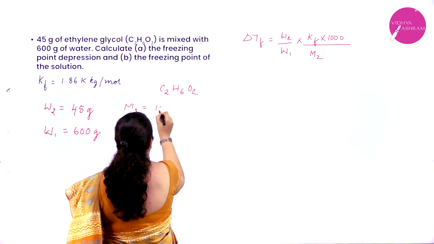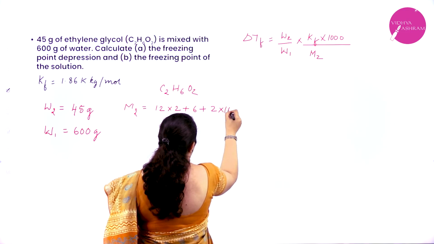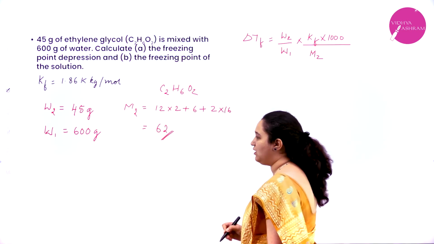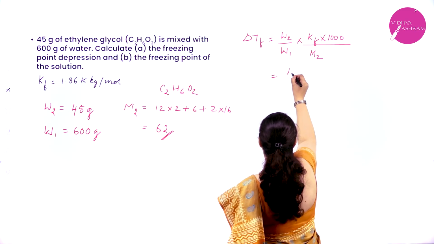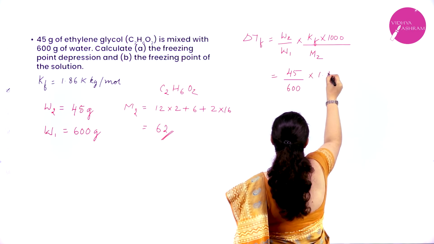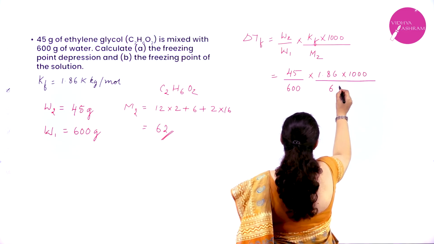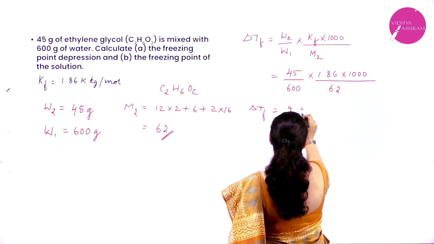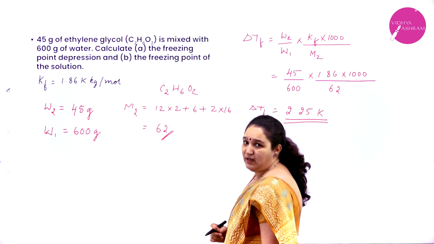So molecular mass will be 12 into 2 plus 6 plus 2 into 16, which will be equal to 62. So molecular mass is 62. We'll substitute the other values. It's 45 divided by 600 into Kf value is 1.86 into 1000 divided by molecular mass 62. So delta TF will be 2.25 Kelvin.